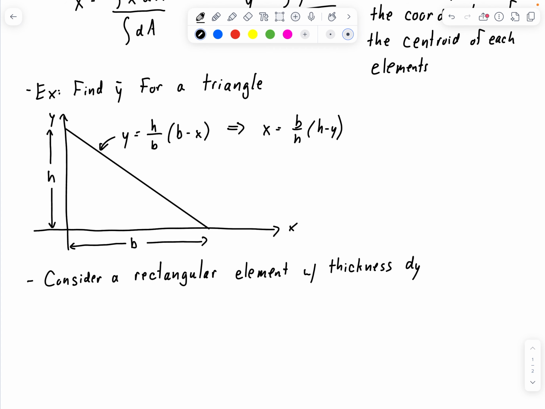So this element we'll draw here in blue. Some element which has a thickness of dy, and it ends in some point here, which is x, y.